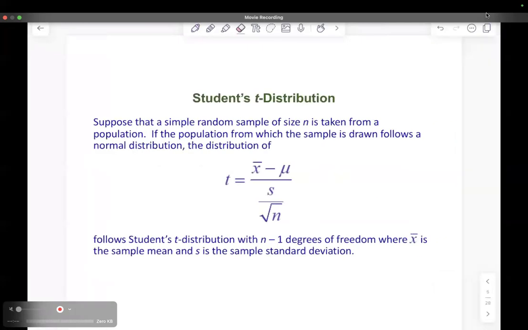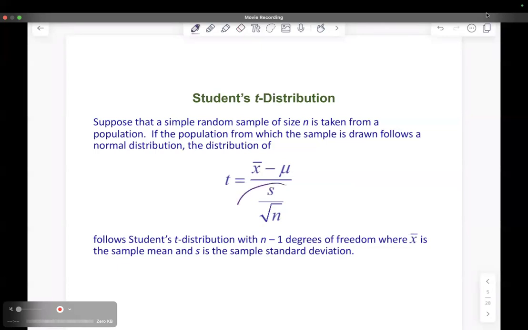Okay. So a t value is dependent on a sample size. And so this is very similar to what we did with z-score. So it's calculated the same way that we did with z-score.